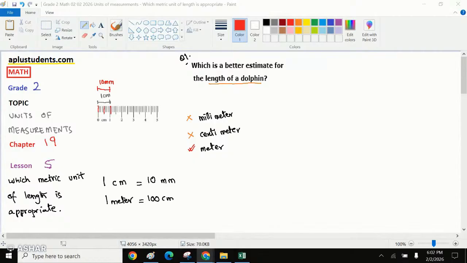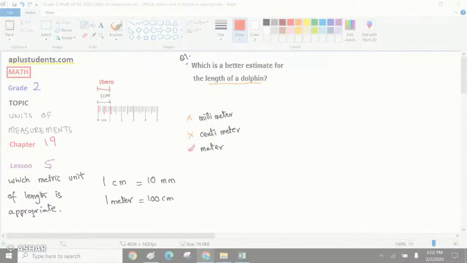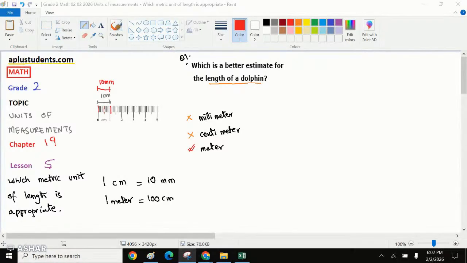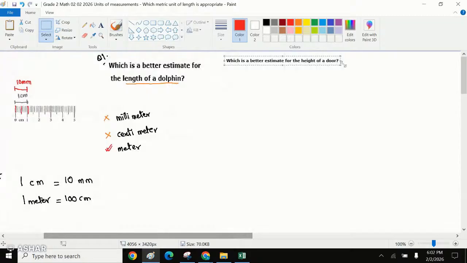Which is a better estimate for the height of a door? Let's look at the given options. The question says which is a better measure for the height of a door, and we know that the door is always taller than us, right?